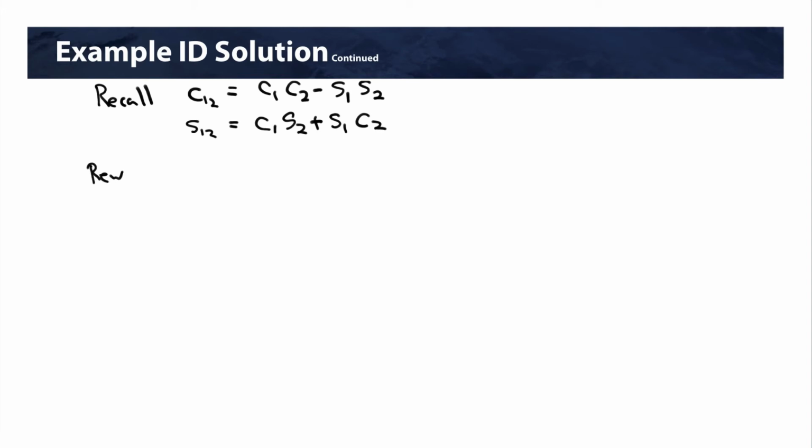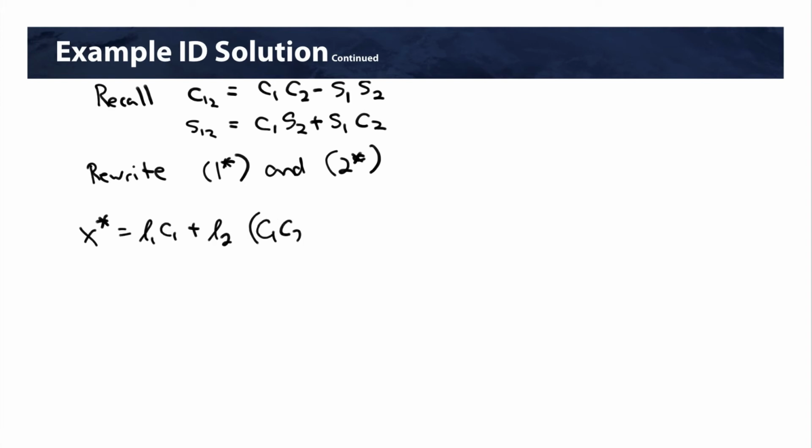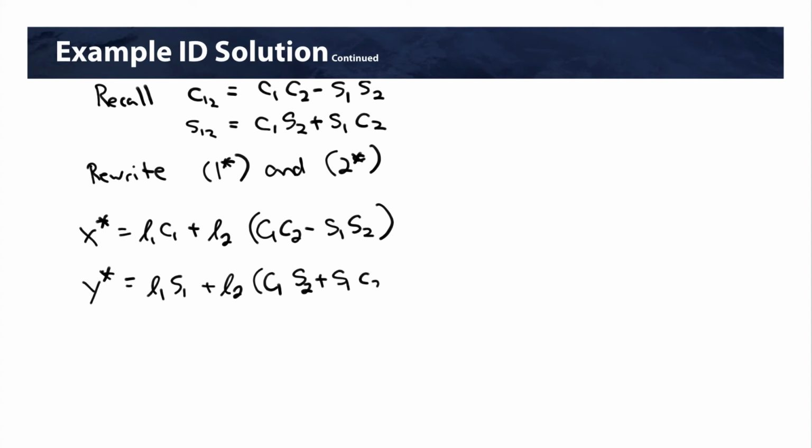So we're going to rewrite equations 1 star and 2 star now. We have x star equal to L1 C1 plus L2 times C1 C2 minus S1 S2, and y star equal to L1 S1 plus L2 times C1 S2 plus S1 C2.